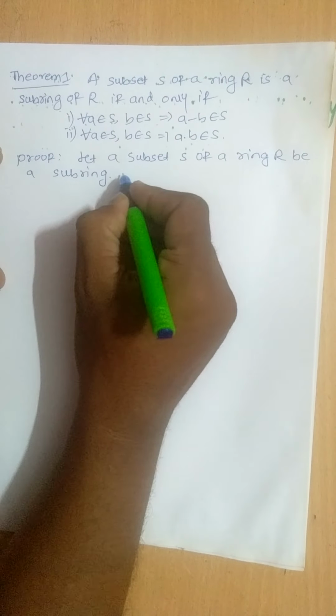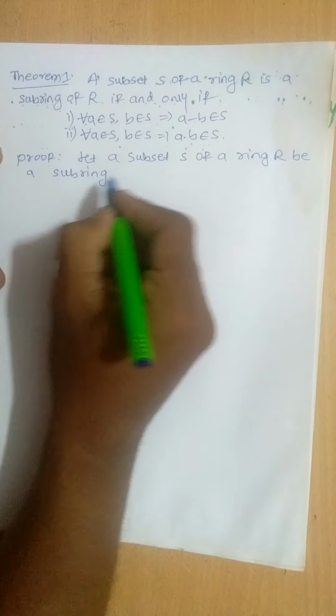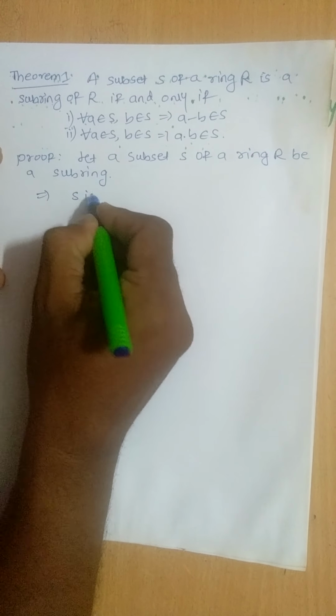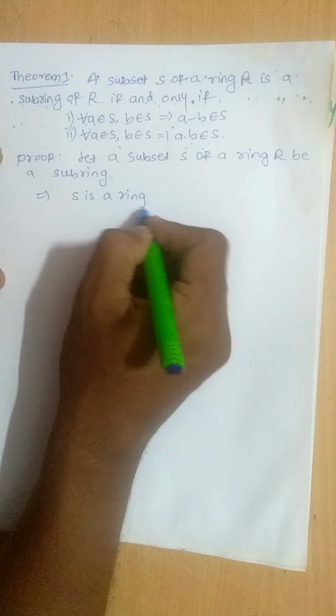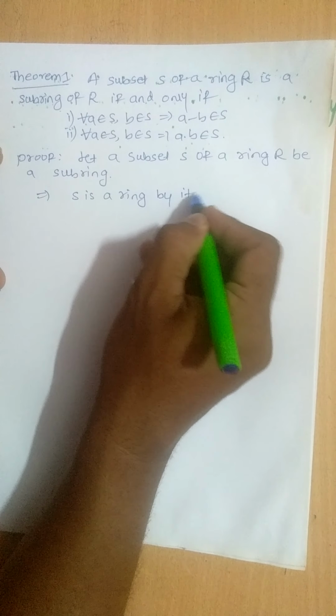When it is a subring, then by definition it is a ring by itself. This implies S is a ring by itself, which means it satisfies the properties of rings: the law of addition and the law of multiplication.